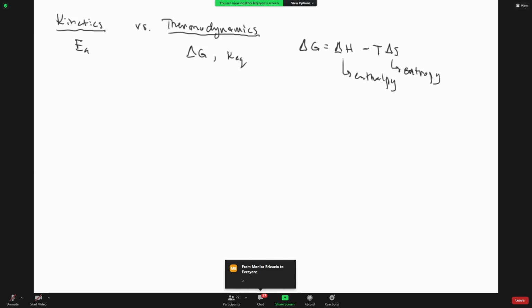So let's say we have a reaction A. Let's go over what Keq is, the equilibrium constant. Ka is just the equilibrium constant for acid dissociation.